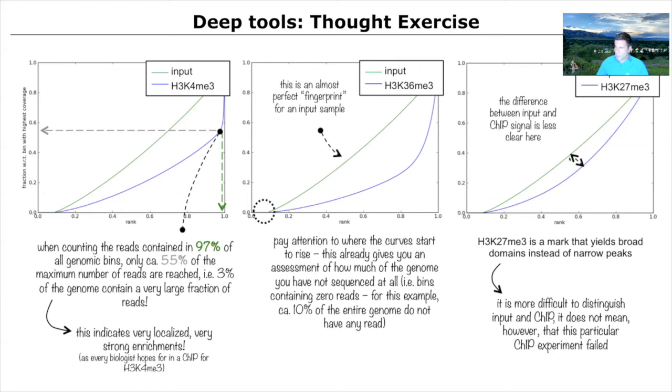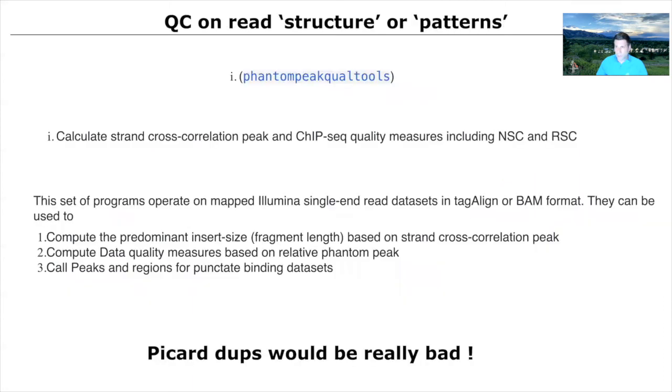And this is an indication where your ChIP signal is not much more than input, meaning it looks like total genomic DNA, which could mean your protein binds everywhere in the genome, but the chances of you calling peaks are not going to be very good because no reads will stack up, because it looks like the entire genome. Okay, so that's Deep Tools, which is already giving you some insight into what kind of signal you're looking at.